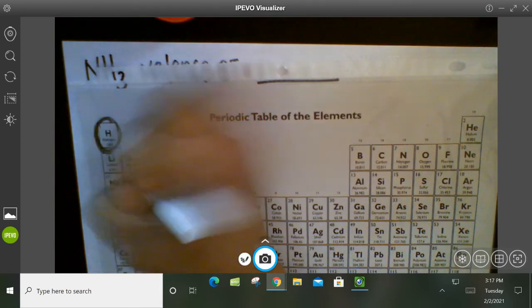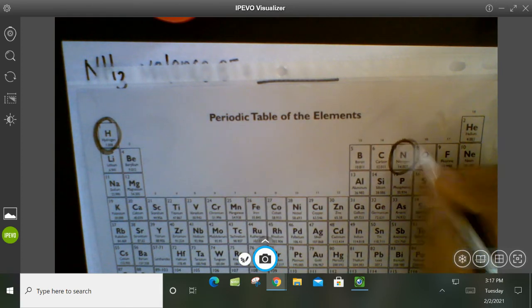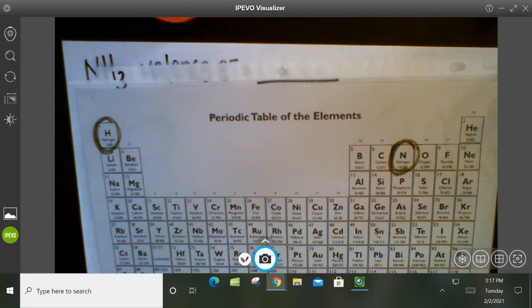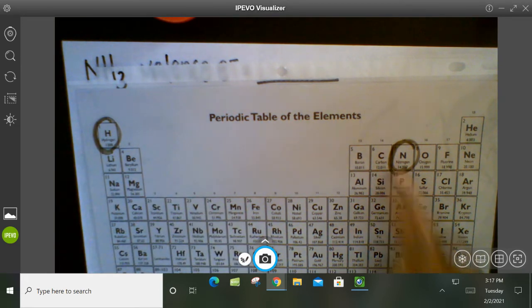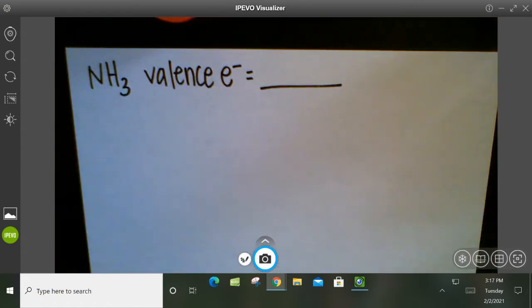All right, so H is in group 1, N is in group 5. Group 1, 1 valence electron, group 5 has 5. So let me count up what I got. NH3, there's 1 N, and if you're wondering how you know there's 1 N, if there isn't a small number after the element symbol, it's understood to be 1.